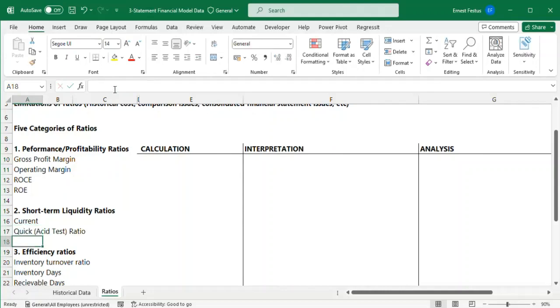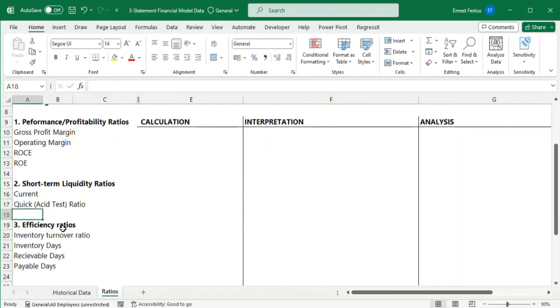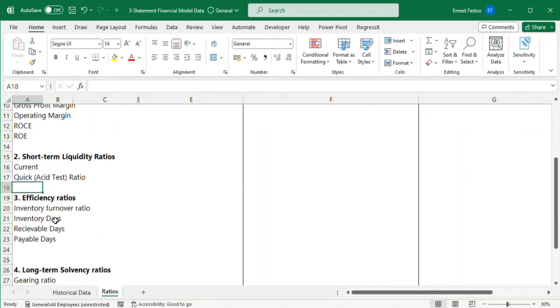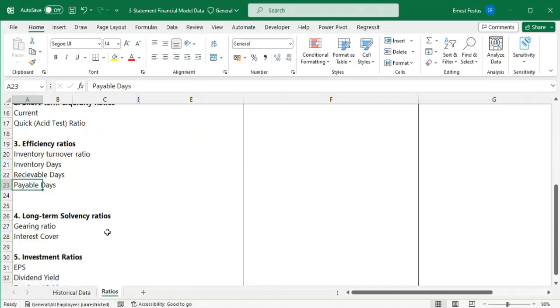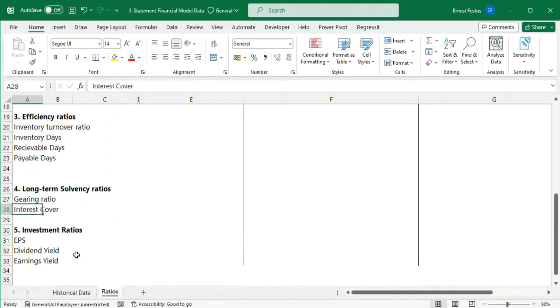And under efficiency ratios, we have the inventory turnover ratio, inventory days, receivable days, and then payable days. And under the long-term solvency ratios, we have the gearing ratio as well as the interest cover. And then lastly, we have EPS or the earnings per share, dividend yield as well as the earnings yield under the investment ratios.